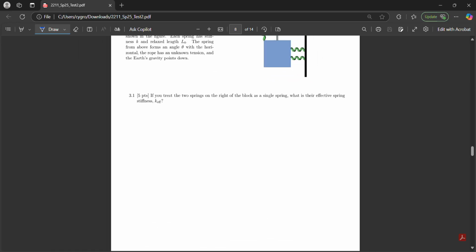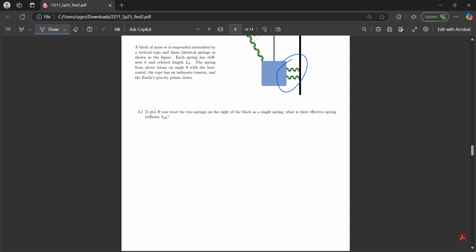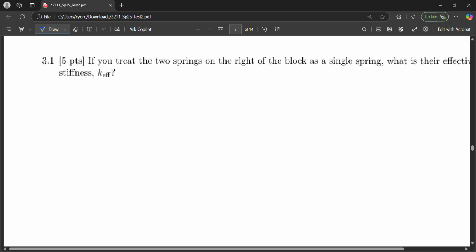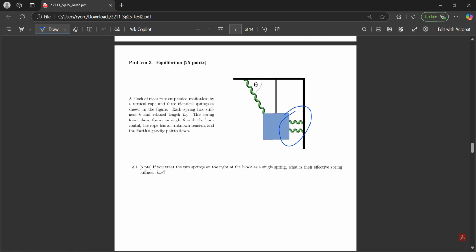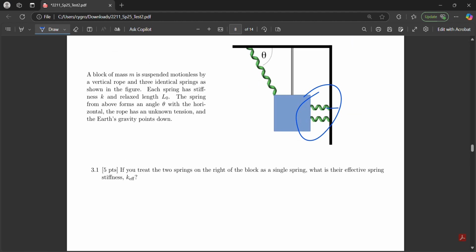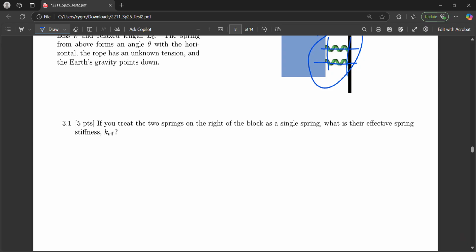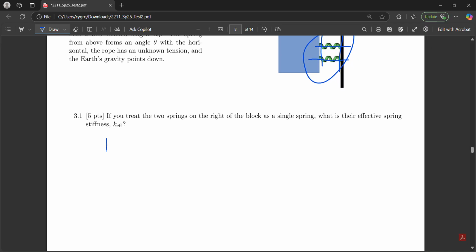If you were to treat the 2 springs on the right of the block as a single spring, what is their effective spring stiffness, or K effective? Well, we can see that these 2 springs are parallel, they point in the same direction, and they're stretched equivalently. From this, even though they have the same K, we're going to call it K1, which is going to equal K2, where this can be K1 and this can be K2.